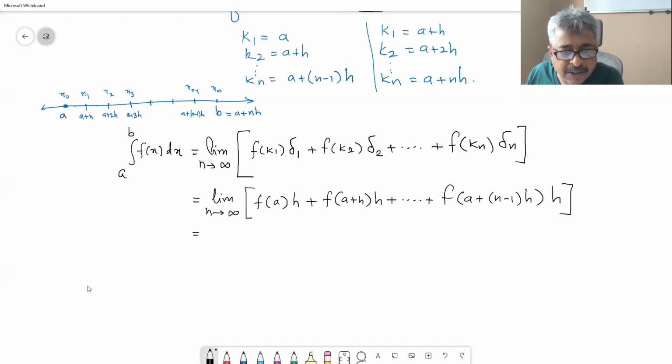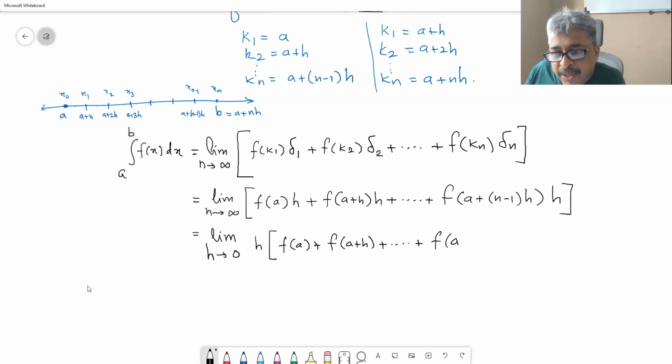So I can convert this limit now into limit as h tends to 0 and h comes out common, h inside bracket f of a plus f of a plus h plus dot dot dot plus f of a plus n minus 1 times h, bracket complete up to this point.